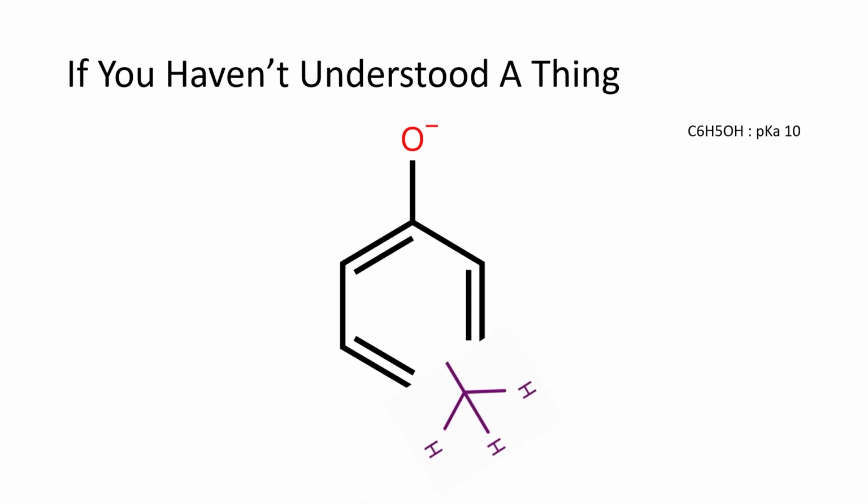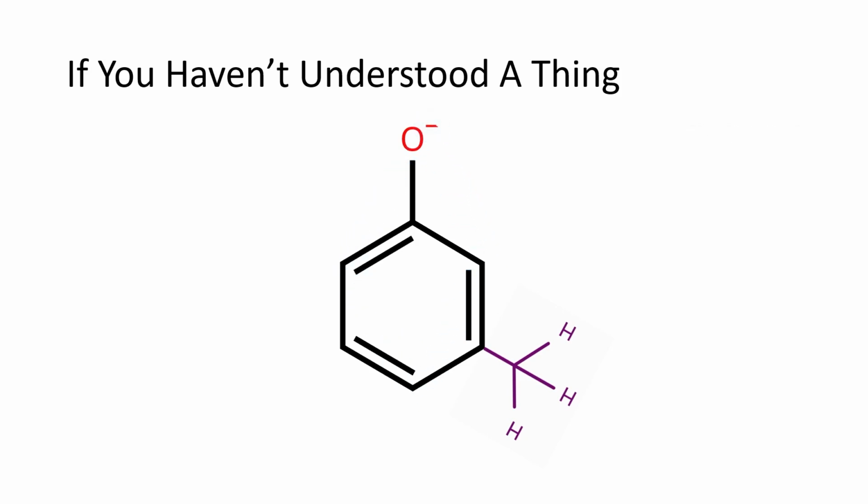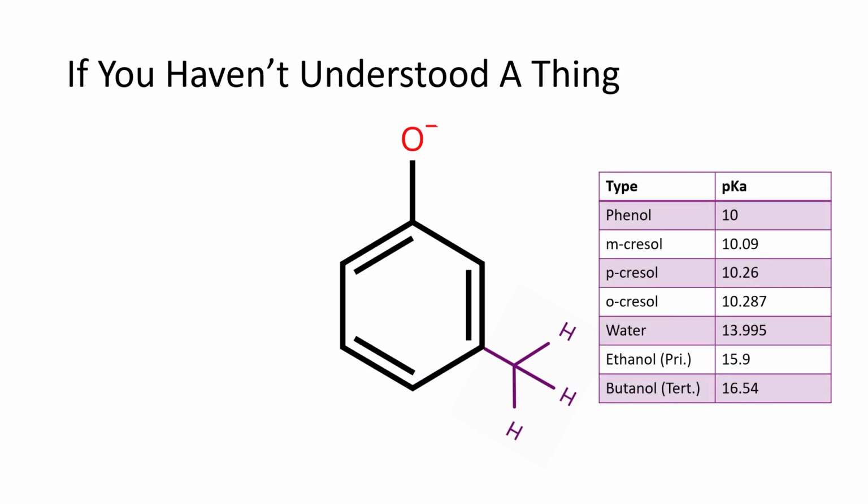Lastly, in the meta position, the electron never comes to the meta position, so it has no effect on it except some little inductive effect. This is why the difference in pKa of para and ortho is very little, namely 10.287 and 10.26.